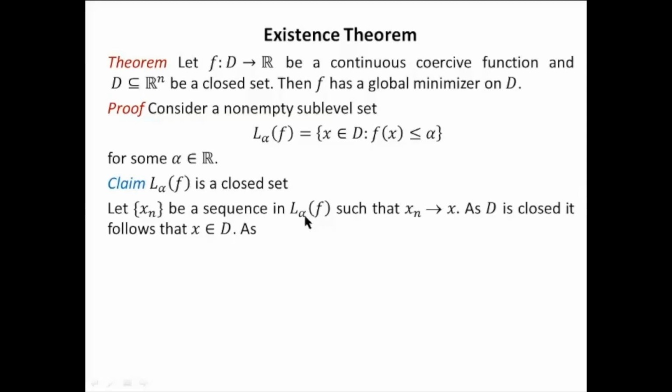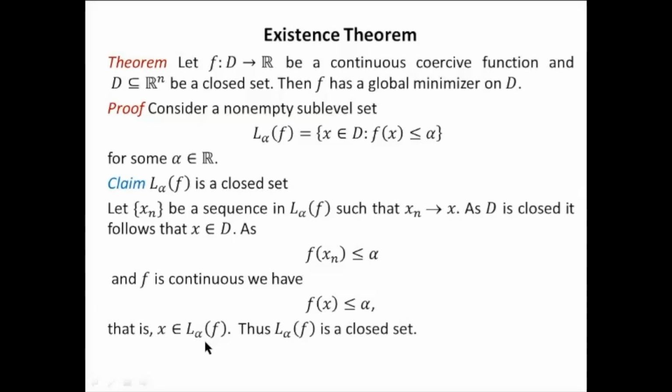The xn's are in L alpha f, so we have f(xn) is less than or equal to alpha. f is continuous, so by continuity, we get f(x) is also less than or equal to alpha. So this point x also satisfies the second condition in the definition of the set L alpha f. Hence, x belongs to this set. Thus, the sublevel set is a closed set.